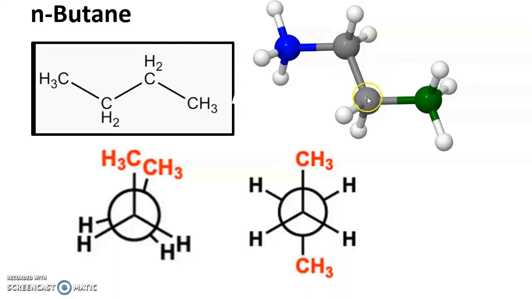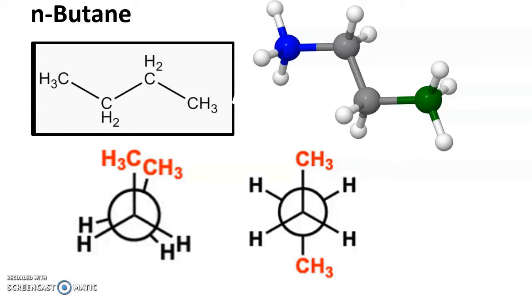On this central carbon atom, you have one methyl group and two hydrogen atoms, and on the other central carbon atom, you also have one methyl group and two hydrogen atoms. So this is the three-dimensional ball and stick model of butane.